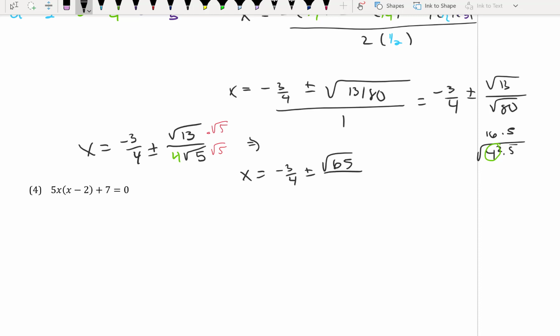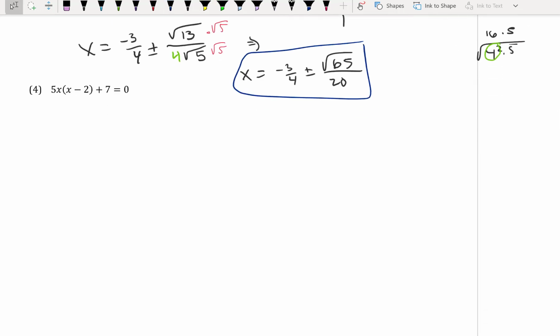And now I have a 4 times 5, which is going to be a 20. So that is going to be my final answer. That is a simplified answer, and I had rationalized the denominator.